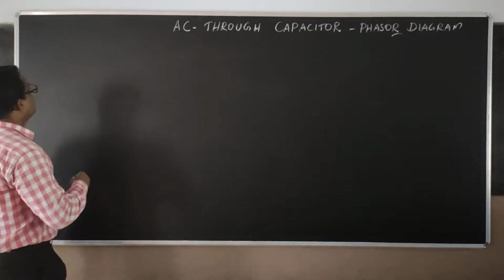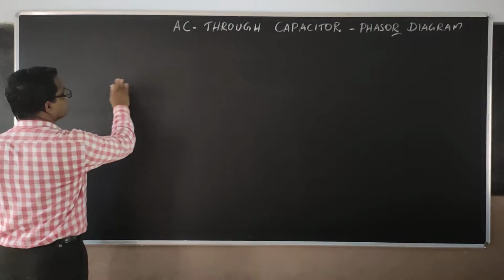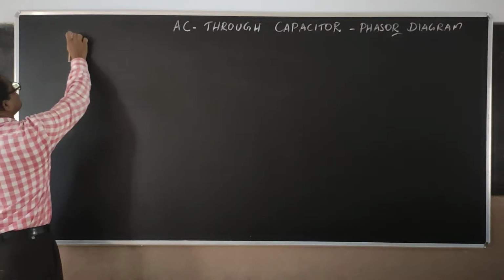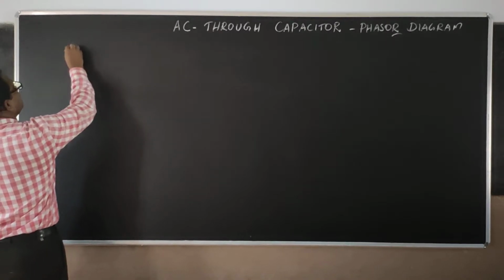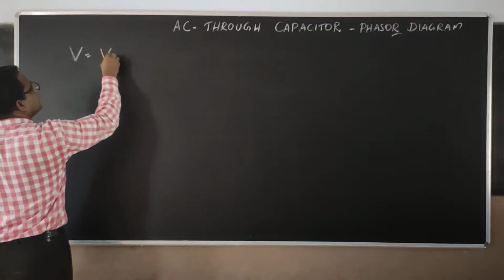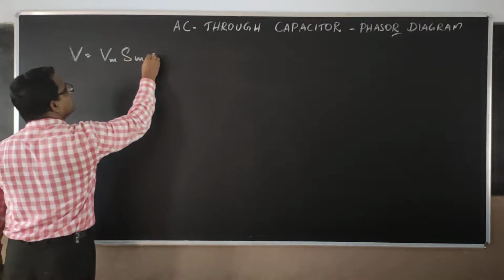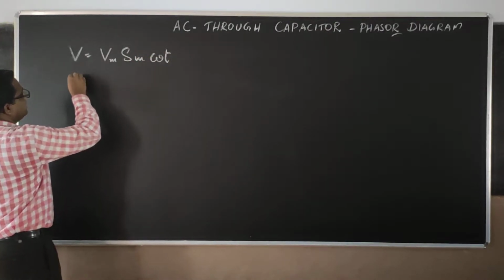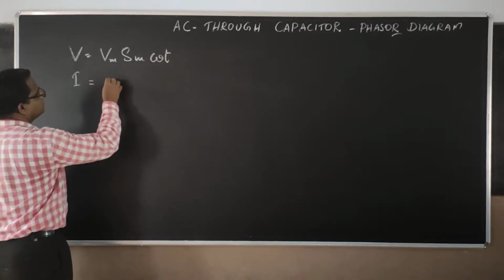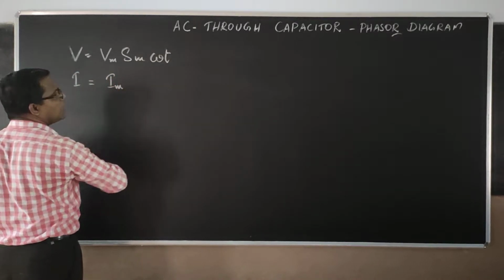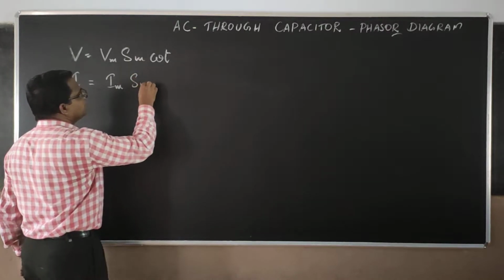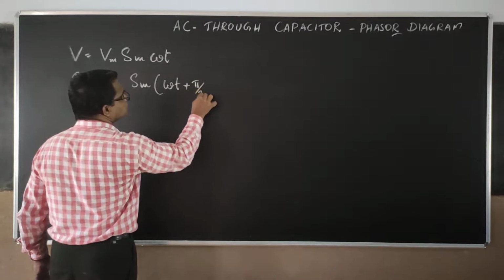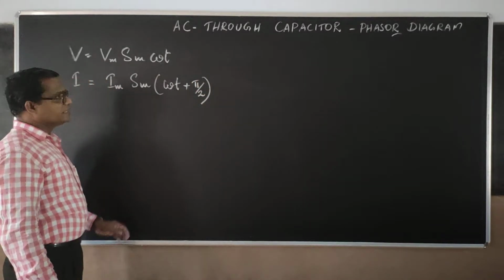That means for the capacitor case, if I take the voltage as V equal to Vm sin omega t, then the instantaneous current through the capacitor will be I equal to Im sin omega t plus pi by 2. This is the case.